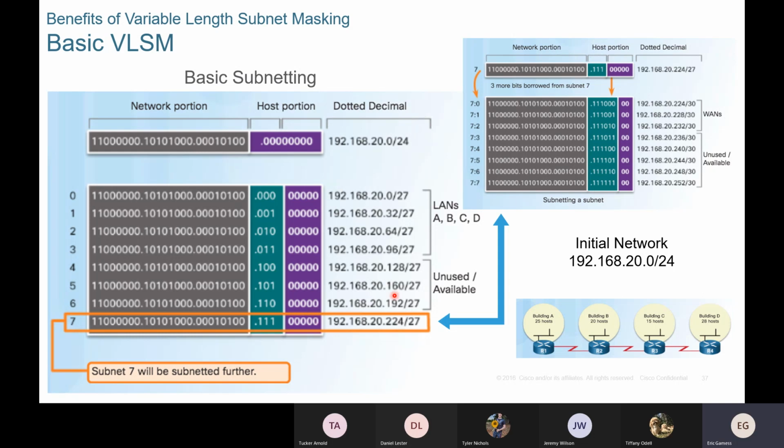So as you can see, we have 3 subnetworks of size 32 IP addresses that are left, and 5 subnetworks of size 4 IP addresses that are left. So if the company grows in size, we have much more flexibility this time because we use variable length subnet mask, which means that we are creating subnets of different sizes.